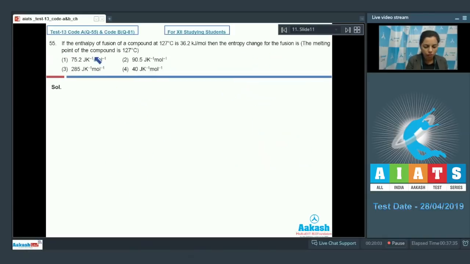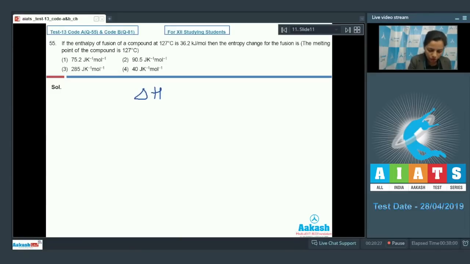After that, question number 55. If the enthalpy of fusion of compound at 127 degrees Celsius is 36.2 kilojoule per mole, then the entropy change for the fusion is, the melting point of the compound is 127 degrees Celsius. So in this case, at melting point there is equilibrium, hence delta G for fusion is 0, or delta H for fusion minus T delta S for fusion is also 0.